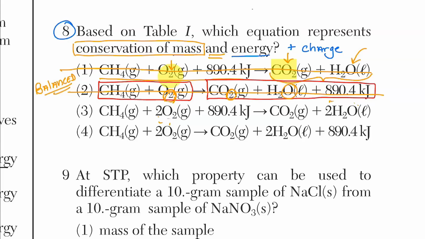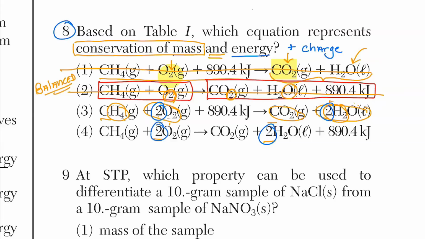I've got 4 on this side, and the 2 here plus the 2 from there. So the oxygens are balanced. And of course, there's 1 carbon and 1 carbon, 4 H's and 4 H's. So everything's balanced, and so is choice 4, with the same coefficient 2 there and a 2 on the water. Choices 3 and 4 have the same coefficients. Those are what we call mole ratios that help us balance reactions. So they're balanced the same.